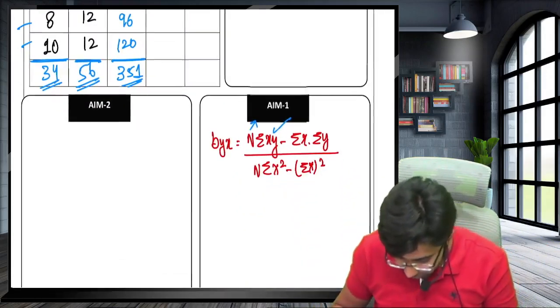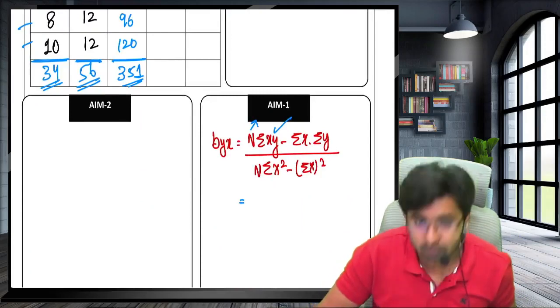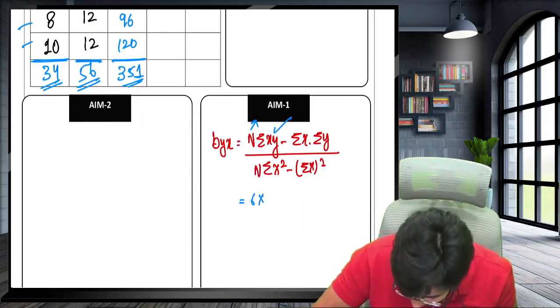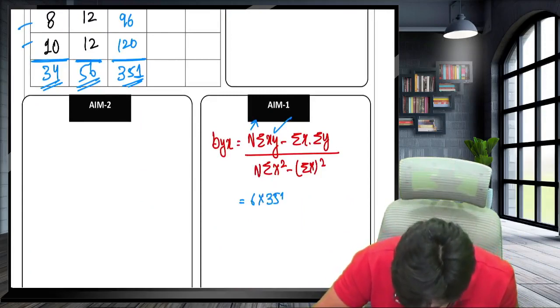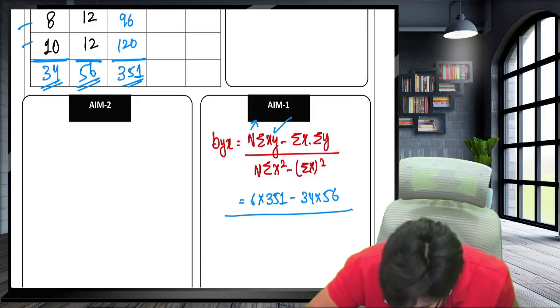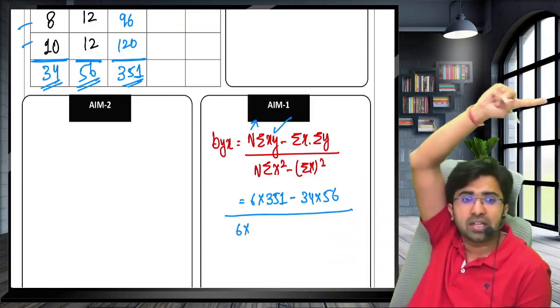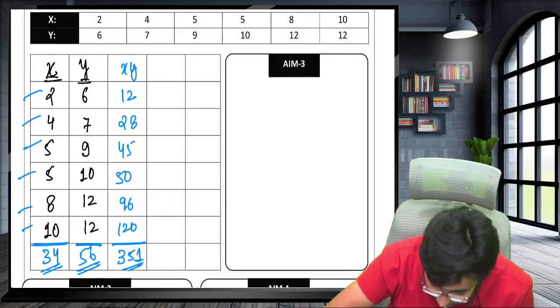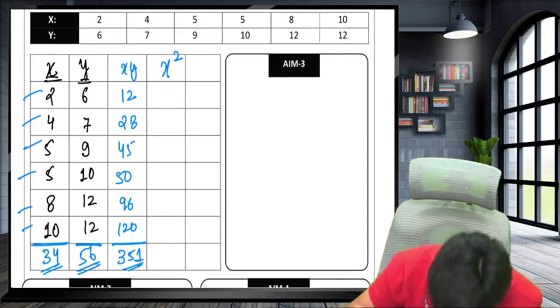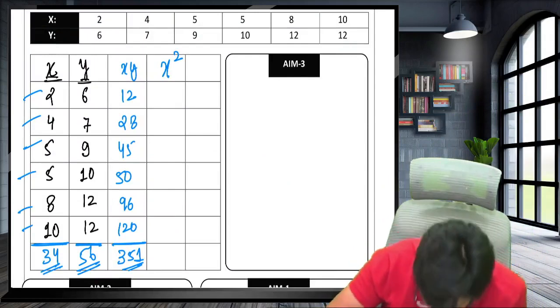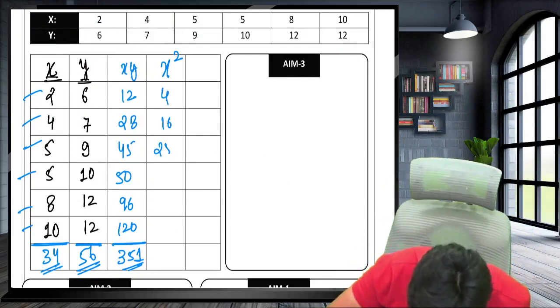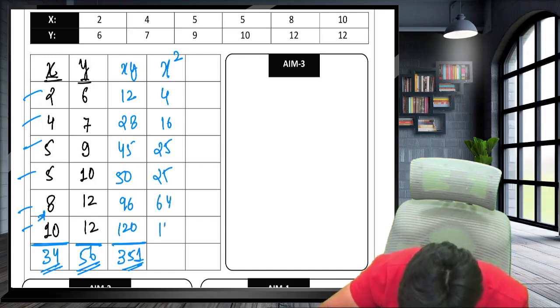Guys, can you see? Now you have everything for the numerator. 6 into summation xy, which is 351, minus summation x, which is 34, times summation y, which is 56, divided by n, which is 6. Now I need the x square summation. Square of 2 is 4, 4 squared is 16, 25, 25, square of 8 is 64, 10 squared is 100.